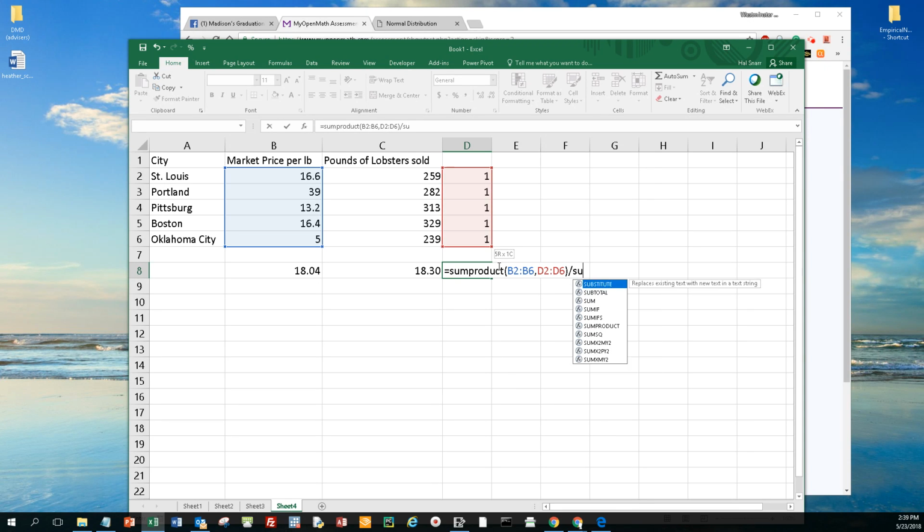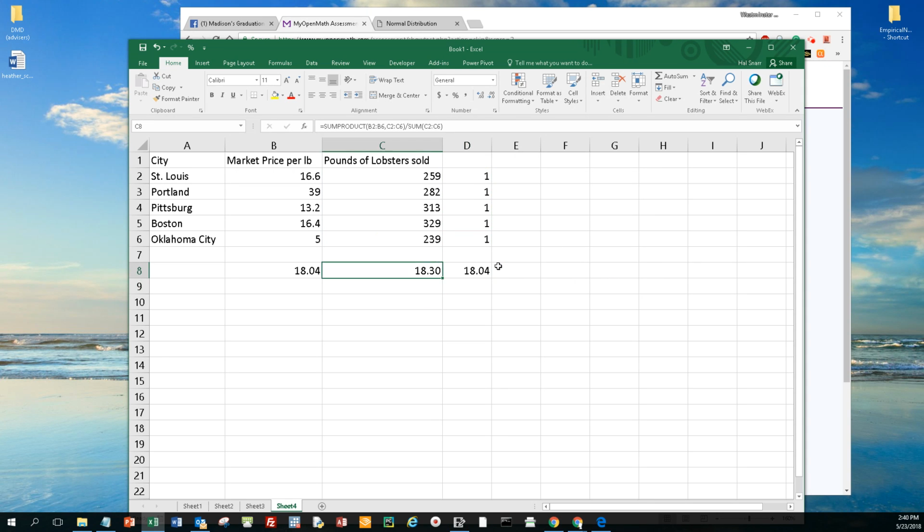And then I'm going to divide by the sum of these equal weights. And you get the same thing as a simple average. Now, because all these values are kind of close to each other, the average per pound is pretty close to the average per city.